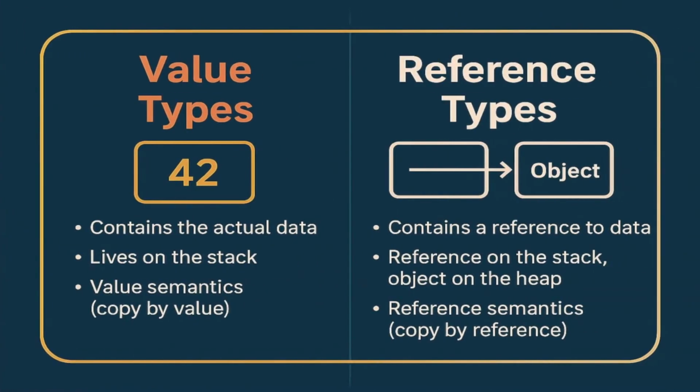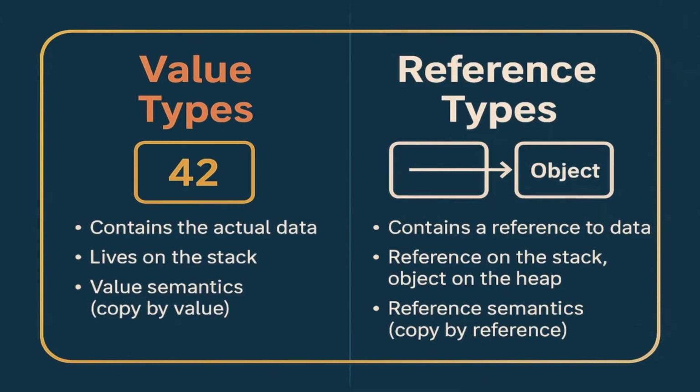So let's start with a pretty fundamental definition. In C Sharp, every variable which we declare falls into one of these two categories. On the left, we have value types.